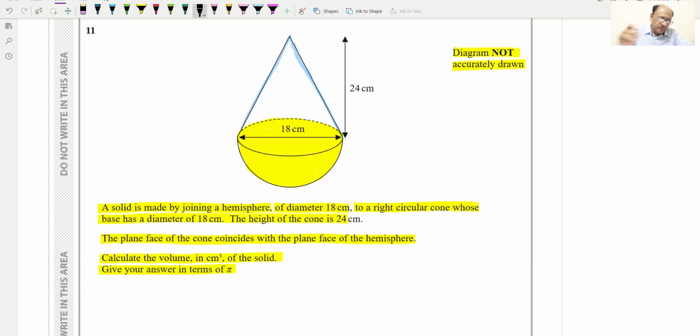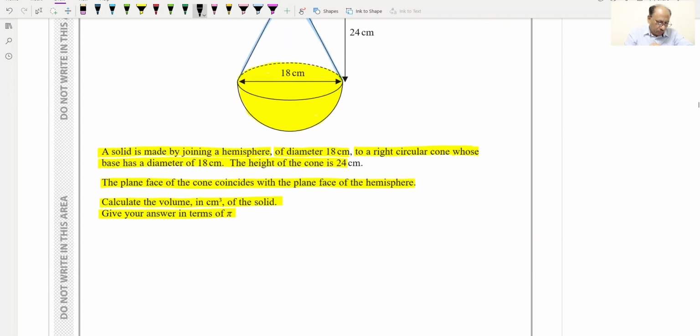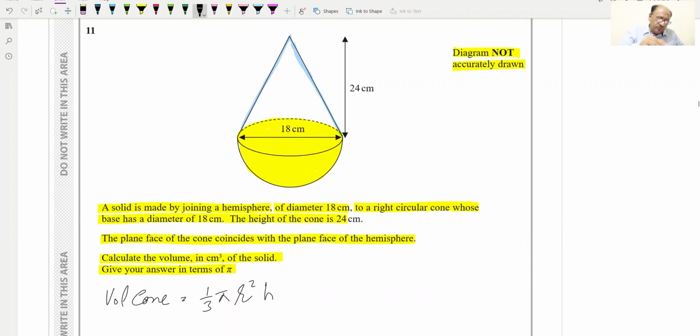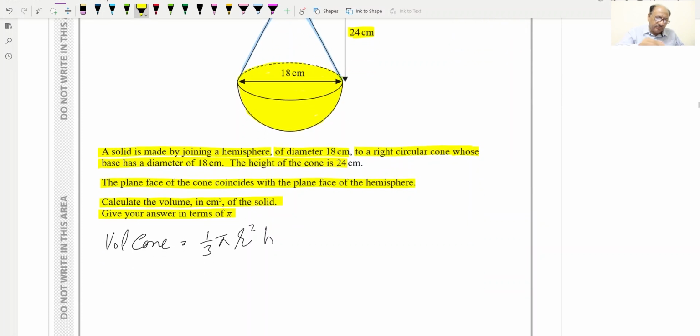Volume of cone is equal to 1 by 3 pi r squared h, and h is the perpendicular height which they have provided. Perpendicular height of the cone is 24 centimeter.